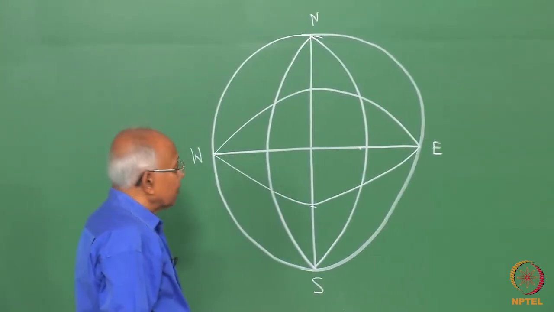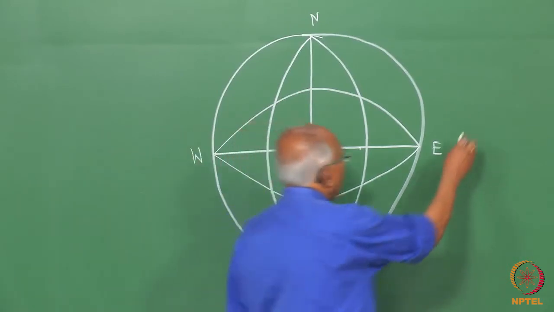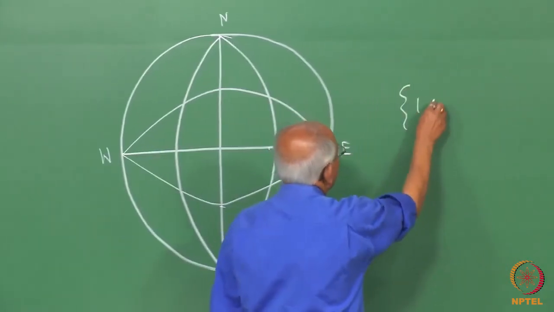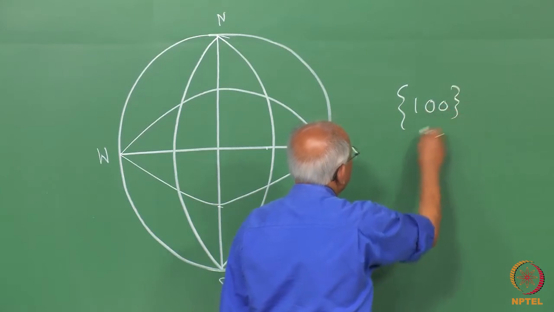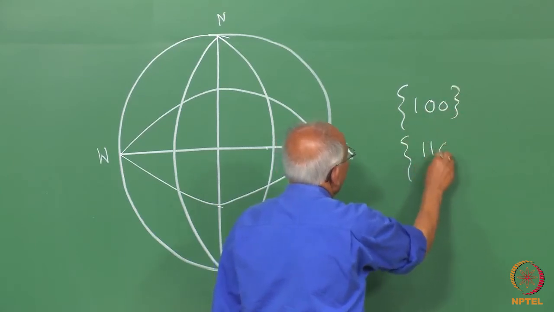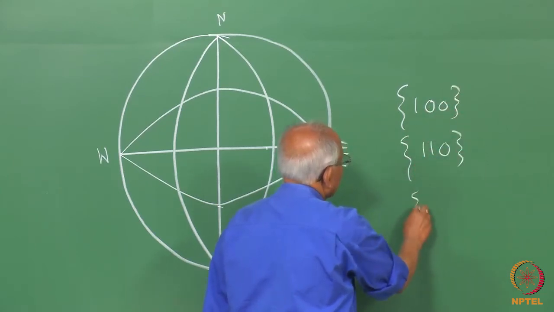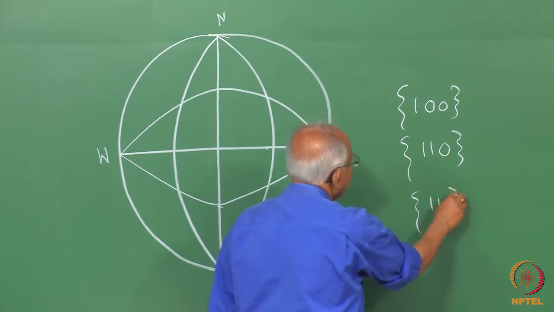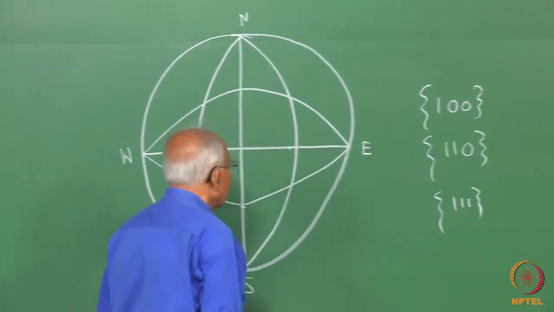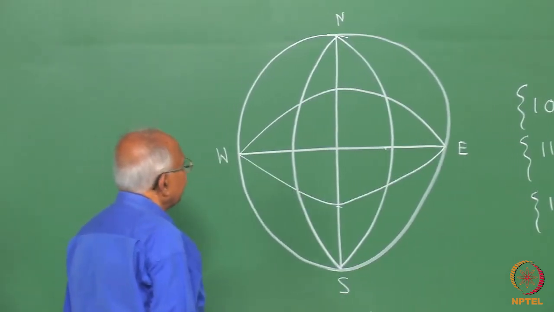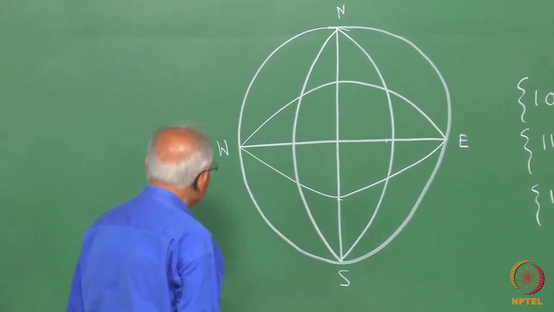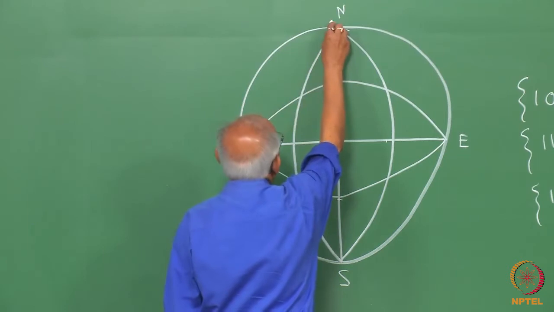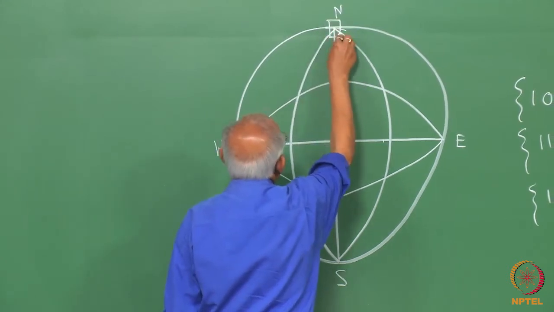Now, when we plot the poles of the 1 0 0 planes, the 1 1 0 type planes and the 1 1 1 type planes, we know that the 1 0 0 planes, their poles come over here.